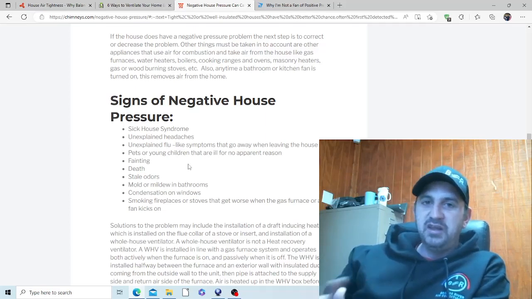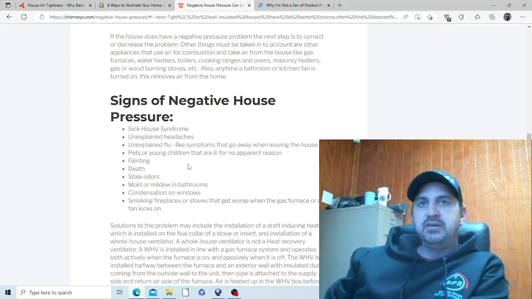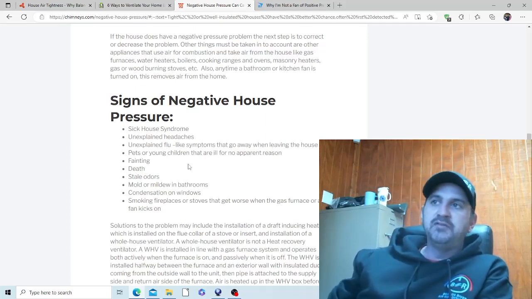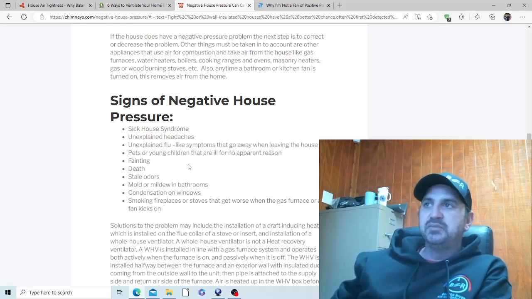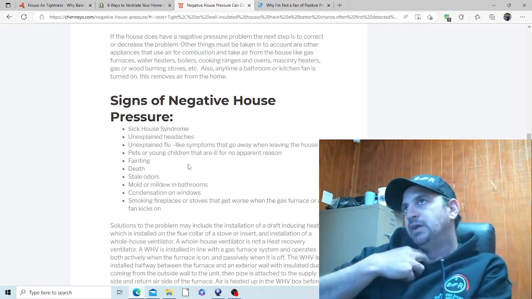So there's a lot of heat exchange going on in your window, which causes water vapor to build up, and you end up with condensation down it. Your fireplaces, stoves, gas heaters, all of this stuff will have trouble kicking on in this type of home because there's not enough air for them to fire on.